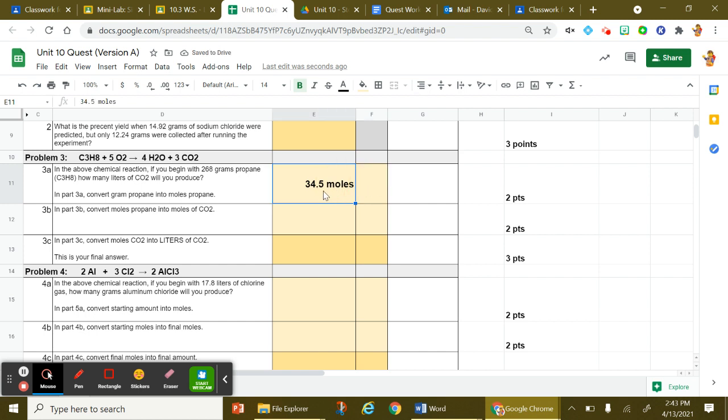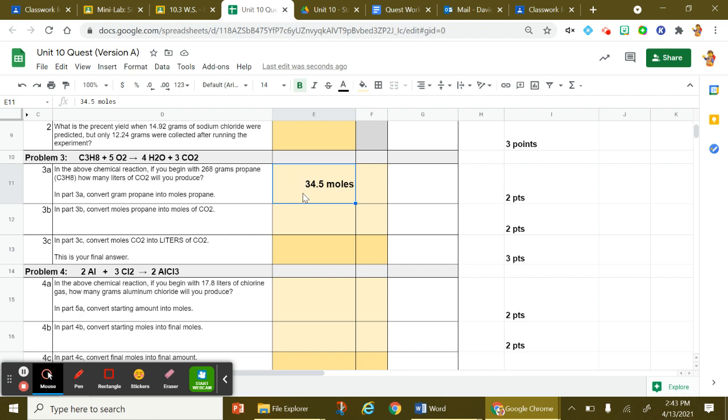Let's say the answer is actually 24.5 moles. Well, if you stick with this number and plug it into your next step, and then take that answer and plug it into the step after that, if you do the second and third steps of the conversion correctly, you will get credit, all right?